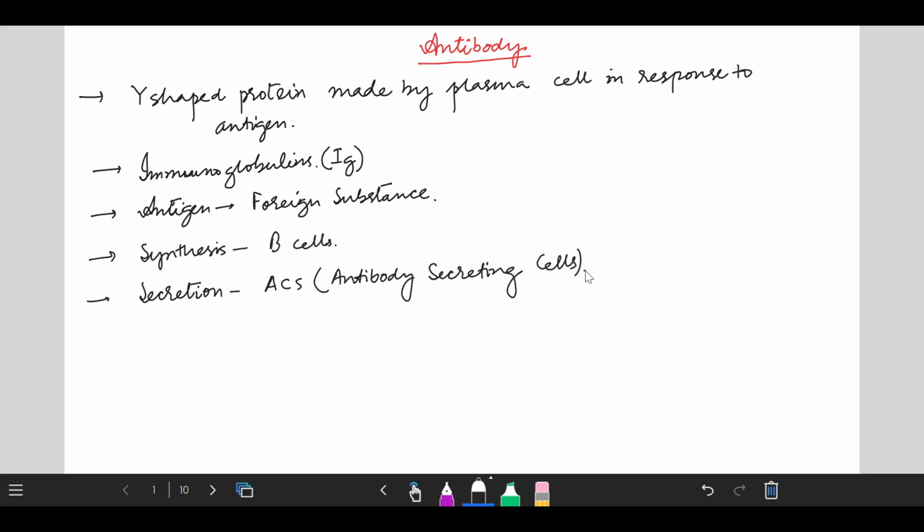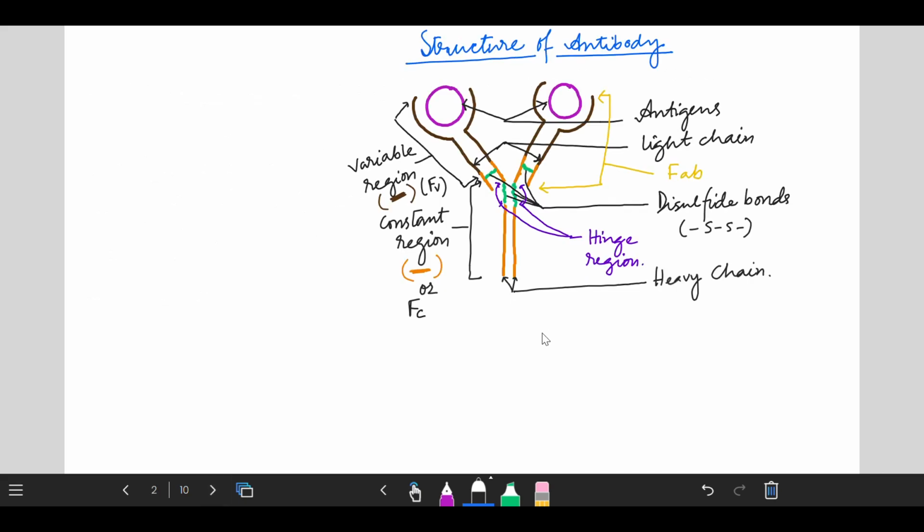Now, we need to be clear about the structure. So, what is the structure of immunoglobulin or antibody? This is the structure of antibody. I have drawn it previously to save time.